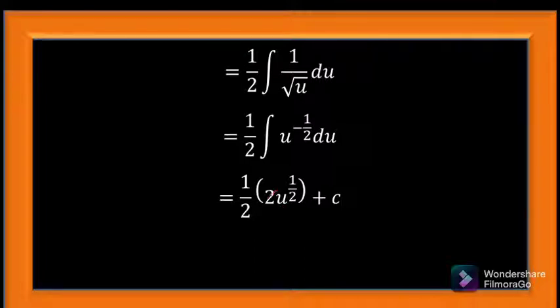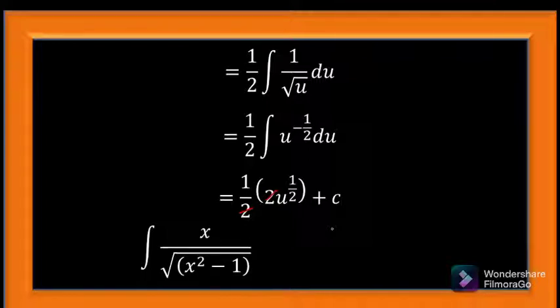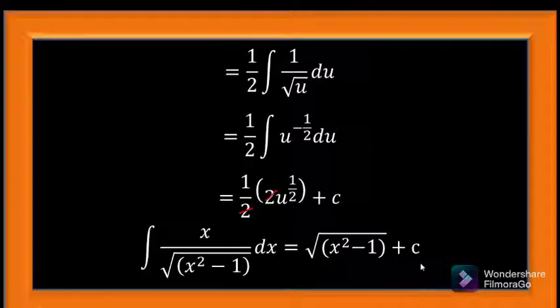Now this 2 cancels with this 2, so that now we have u power half, but you remember that u power half is as good as the square root of u. But now our u originally was x squared minus 1. So it means our result here is going to be the square root of x squared minus 1, plus a constant of integration. And that becomes our answer for that.